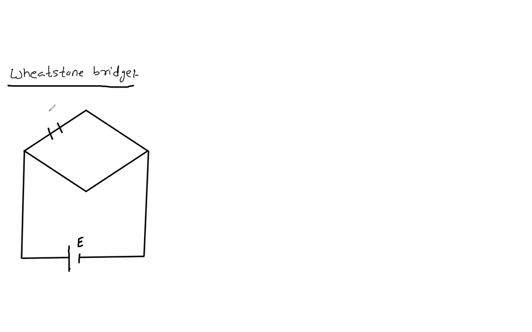So this is first capacitor C1. This is second capacitor C2. This is third capacitor C3. This is fourth capacitor C4. And this is the fifth capacitor, which is C5.